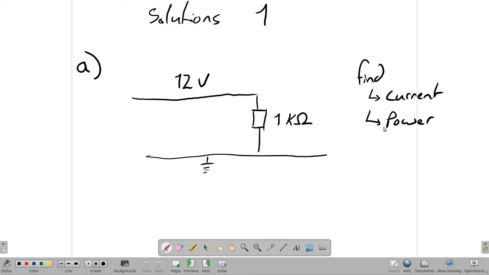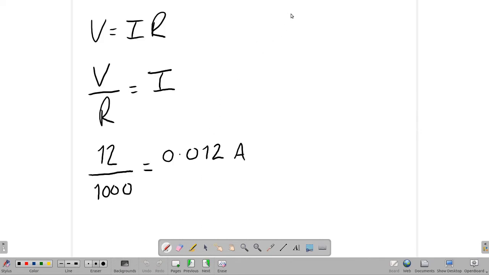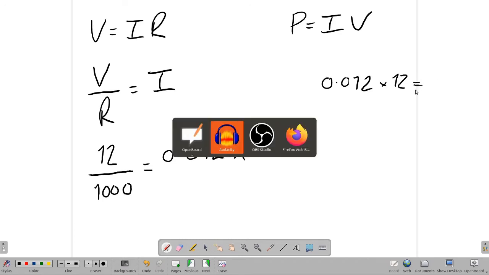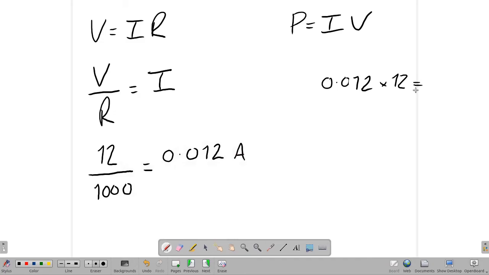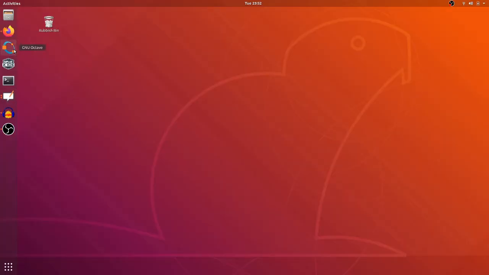Then what we had to do was find the power. Now we can do that using P equals IV, now that we know the current and the voltage. So we've got 0.012 times 12 to give us our power output, and we'll just jump to a calculator, and I'm using Octave again.